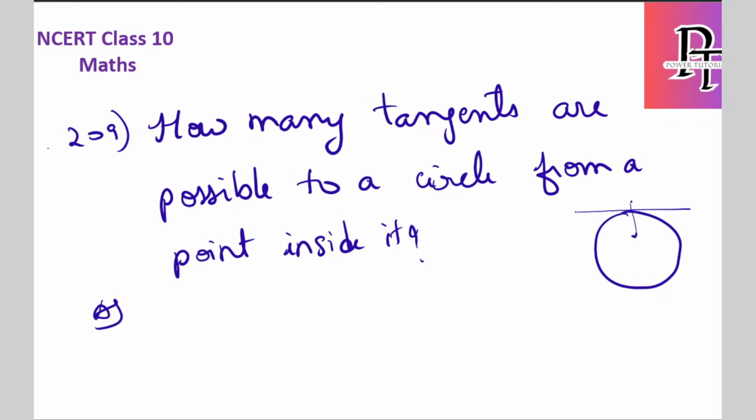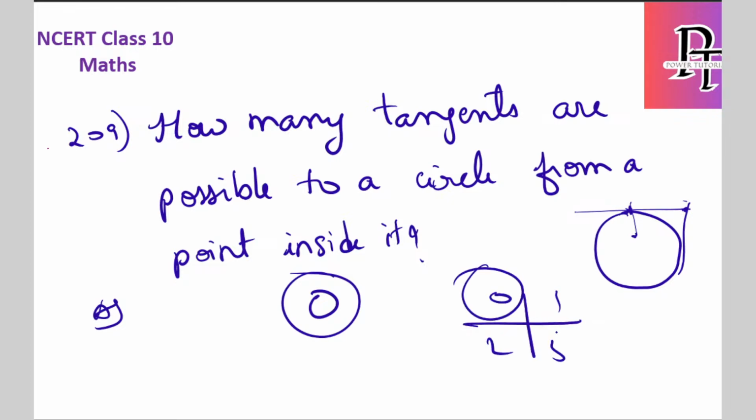So from here we cannot draw it because it cannot intersect it. Okay, the answer is 0. If a point is on the circle, then we have 1 tangent. If a point is outside the circle, then we have 2 tangents. But if a point is inside, we cannot have any tangent. The options I mentioned were 0, 1, 2, 3. The answer is 0.